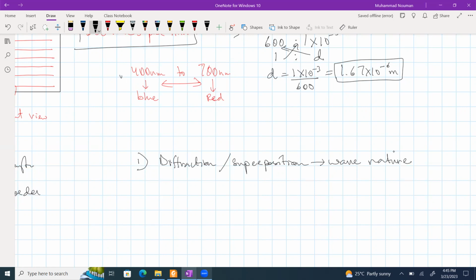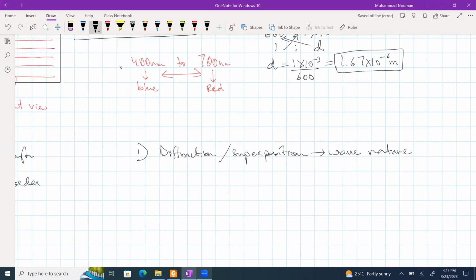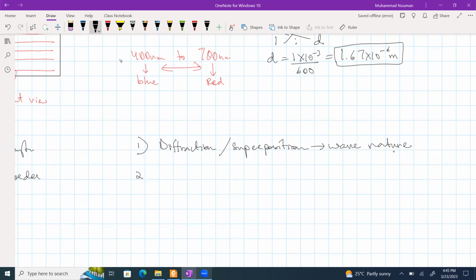So the first thing about this diffraction grating was this one. The second application or purpose was the formula d sine theta equals n lambda. This wavelength of light was very difficult to calculate at that time, and this experiment enabled us to find out the wavelength of light by using the diffraction grating.